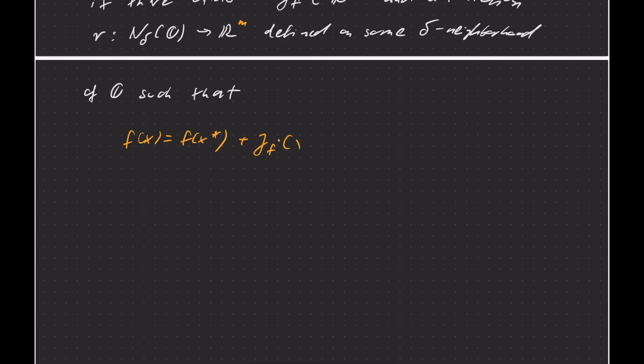So it's JF times (x minus x star) plus the remainder at x minus x star, where the limit as x tends to x star of that remainder at x minus x star, divided by the norm of x minus x star, tends to 0.